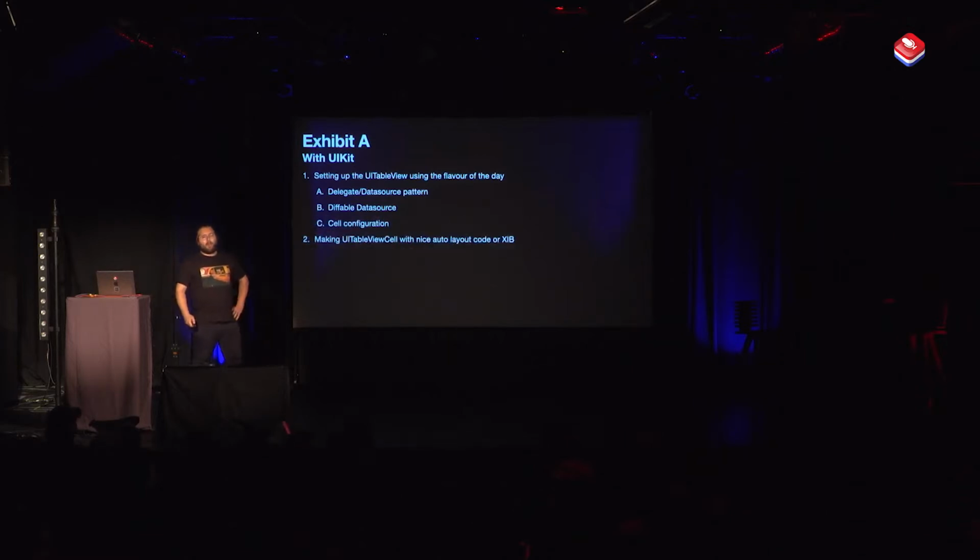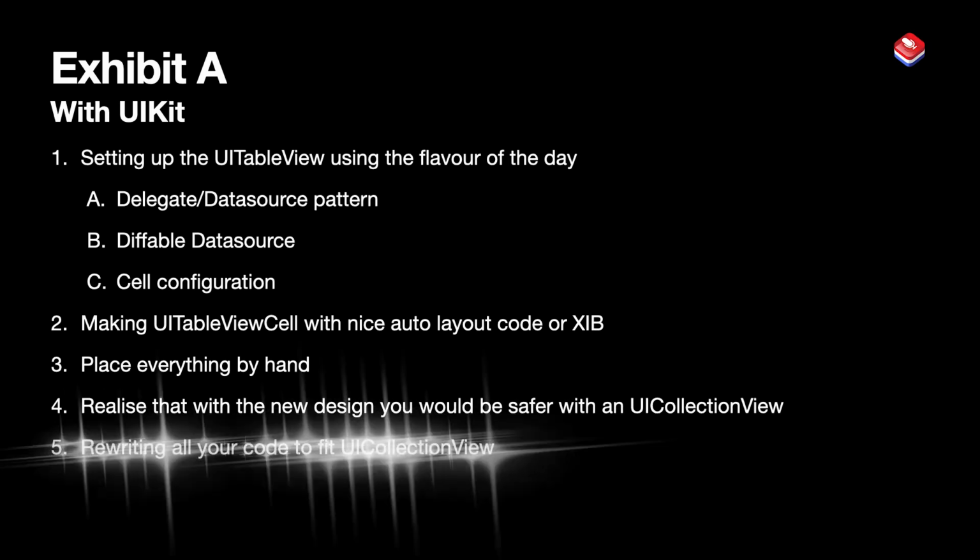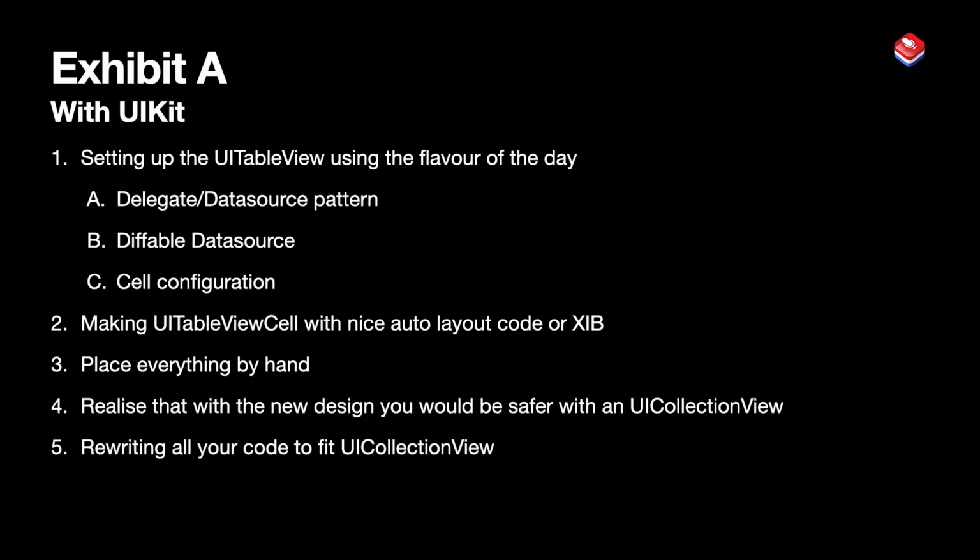You're making UI table view cells with nice auto layout or XIB if you're still a dinosaur. You place everything by hand, like drag and drop if you're really still using this, or addSubview, stuff like that. And you realize that the new design might be nicer with a UI collection view instead, so you rewrite everything for UI collection view, which is not that much, but it's still a lot.